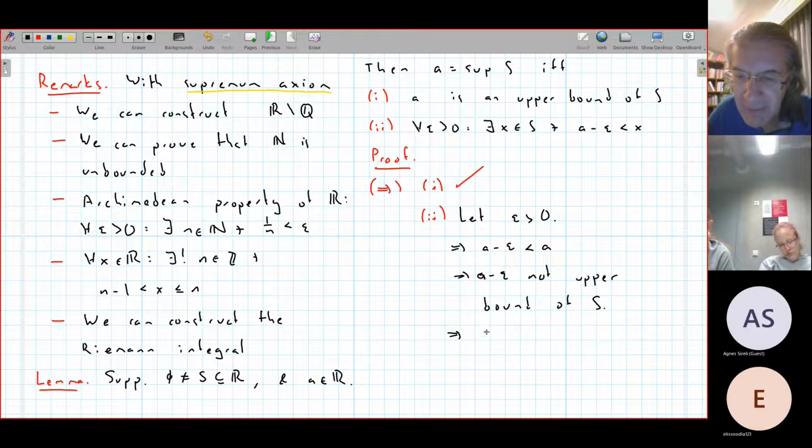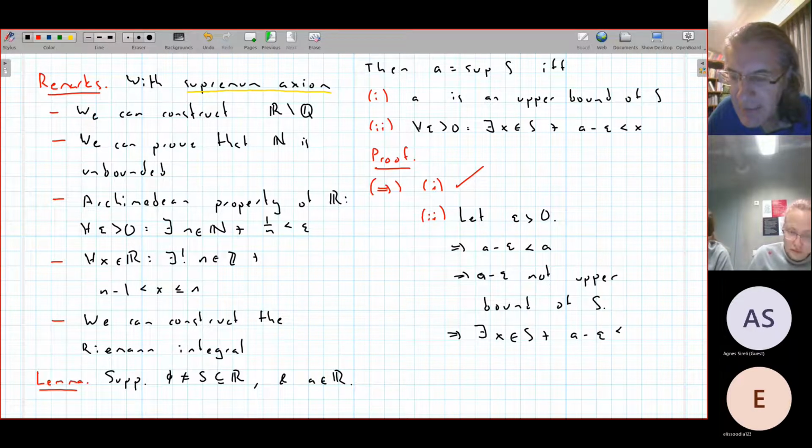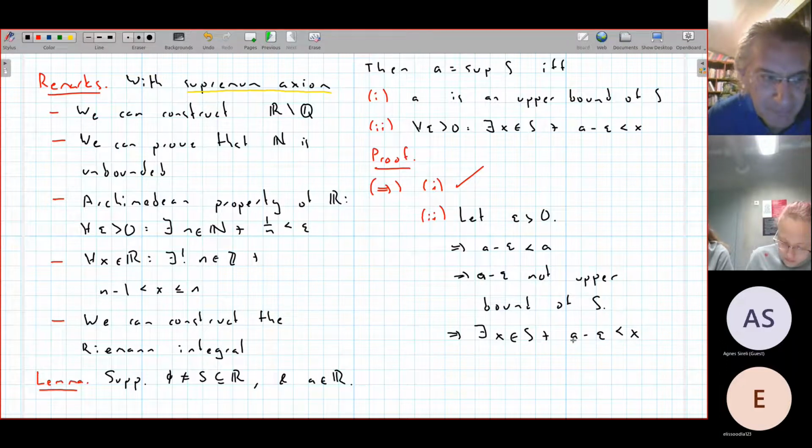Not an upper bound means that there exists some x in S with the property that this x is greater than A minus epsilon.